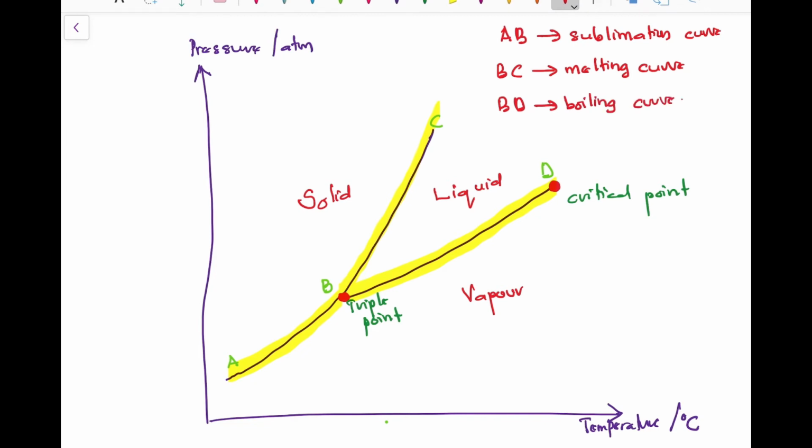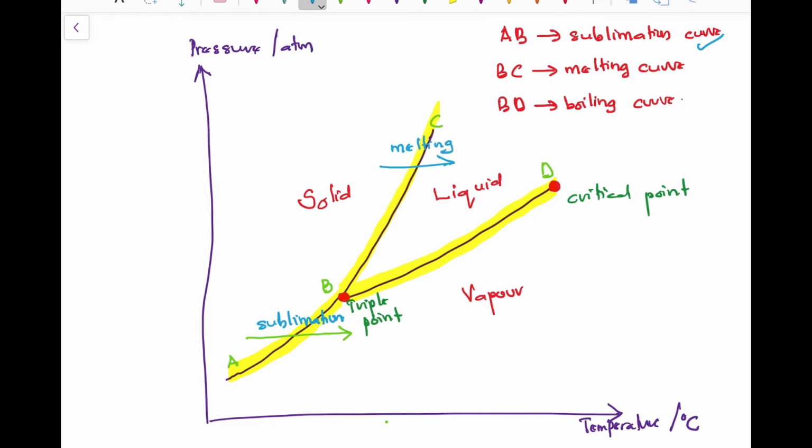Okay. Why do we call them the sublimation, melting, and boiling curves? Alright. So if we can see, from solid to vapor, the process is called sublimation. That's why curve AB is called a sublimation curve. The transition or the change from solid to liquid is called melting, or the melting process.